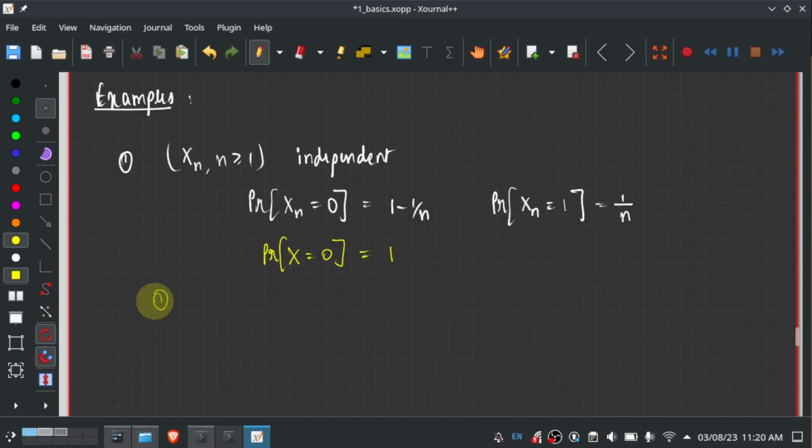So let's first look at convergence in distribution. Does the distribution of xn converge to the distribution of x? What is the CDF of x?